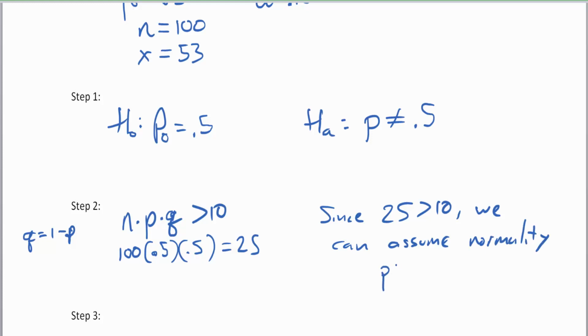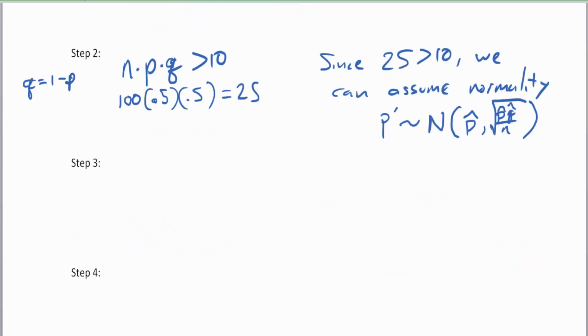Our p prime can belong to the normal distribution, and our normal distribution is going to have our average of p hat, and our standard deviation is going to be the square root of p hat times q hat divided by n. Now you don't need to worry about this calculation here, because the calculator will do this for us.